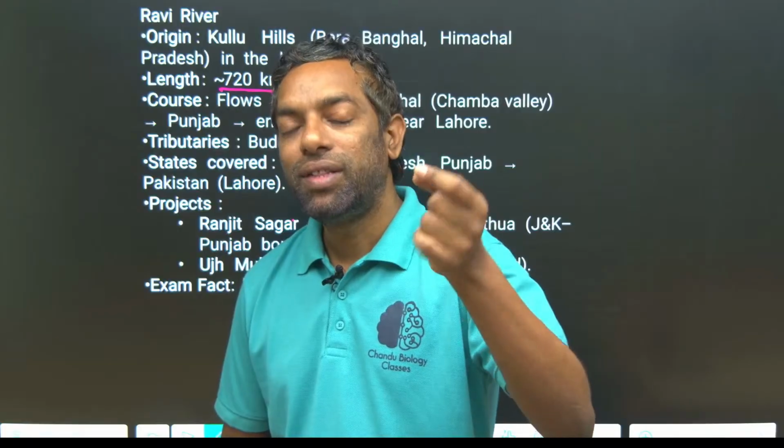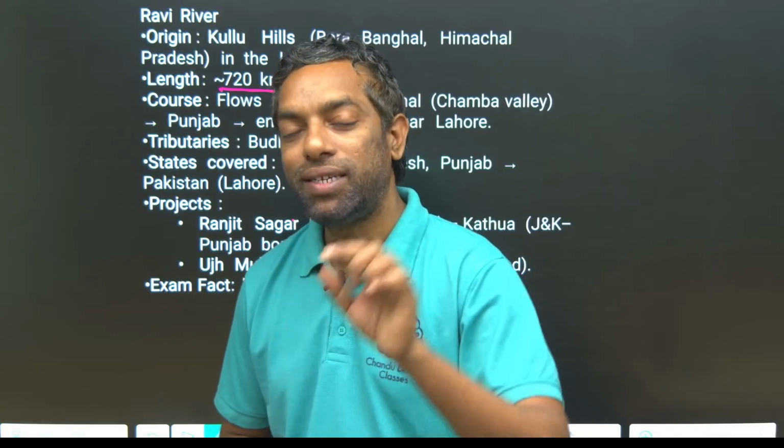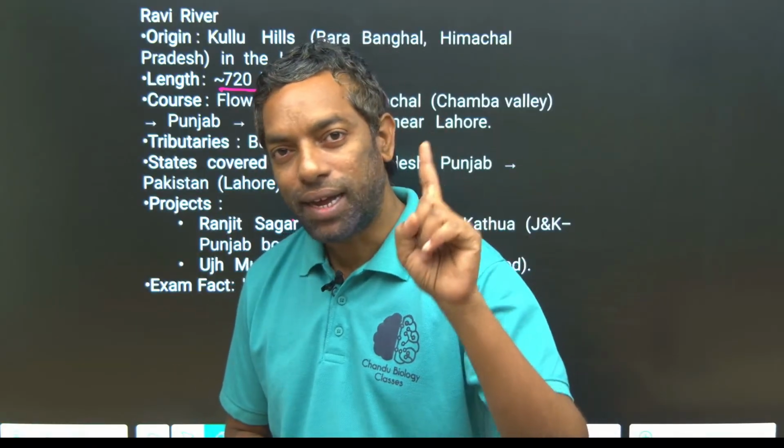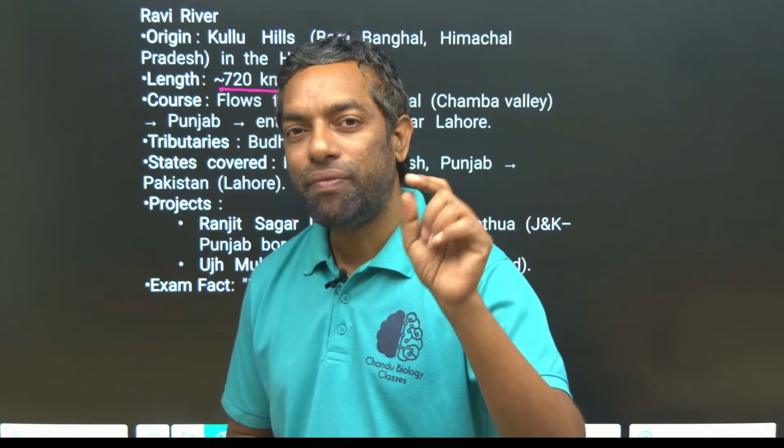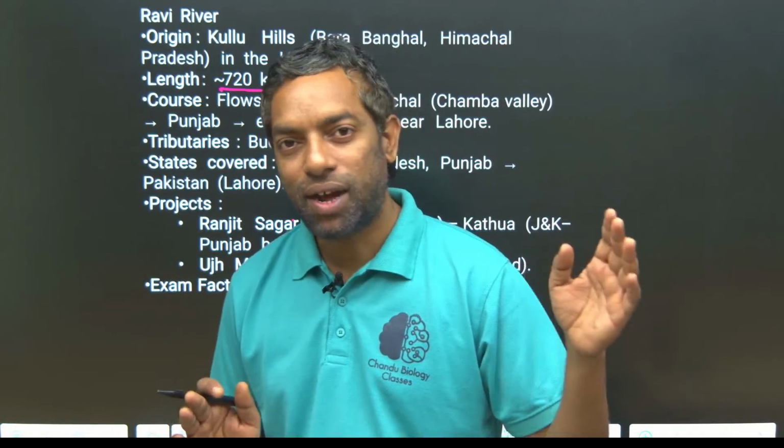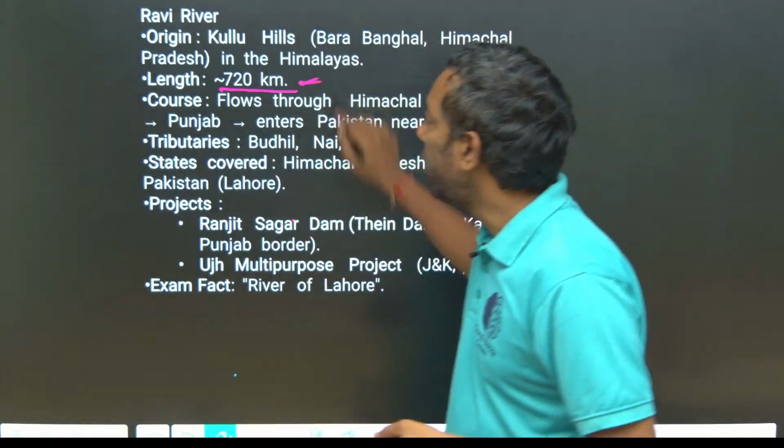Or they can ask length-wise, which is the longest, in increasing or decreasing order. Satluj is the longest, Beas is the shortest. Ravi is 720 kilometers.